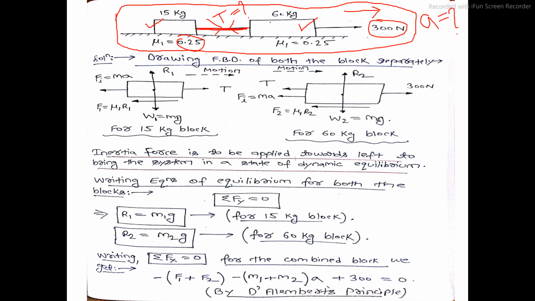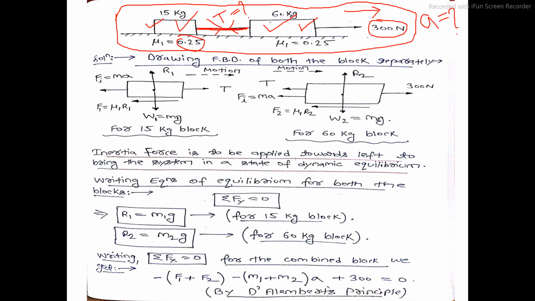How will we solve the problem? First of all, we need to draw separately the free body diagram of the 15 kg block, and separately the free body diagram of the 60 kg block.